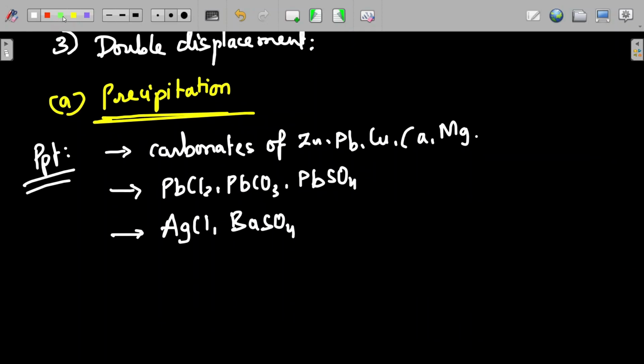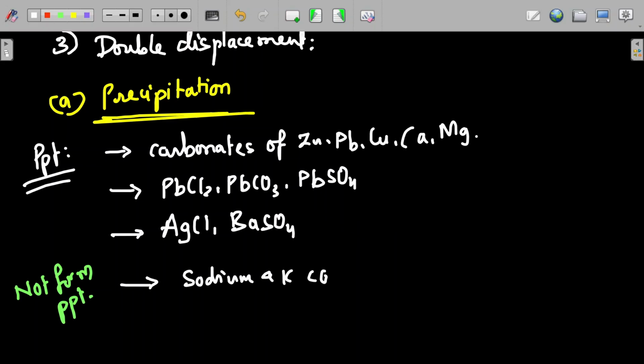You will use it as a reagent. Here I will write: not form precipitate. Which one will never form precipitate? Sodium and potassium compounds, as well as ammonium.